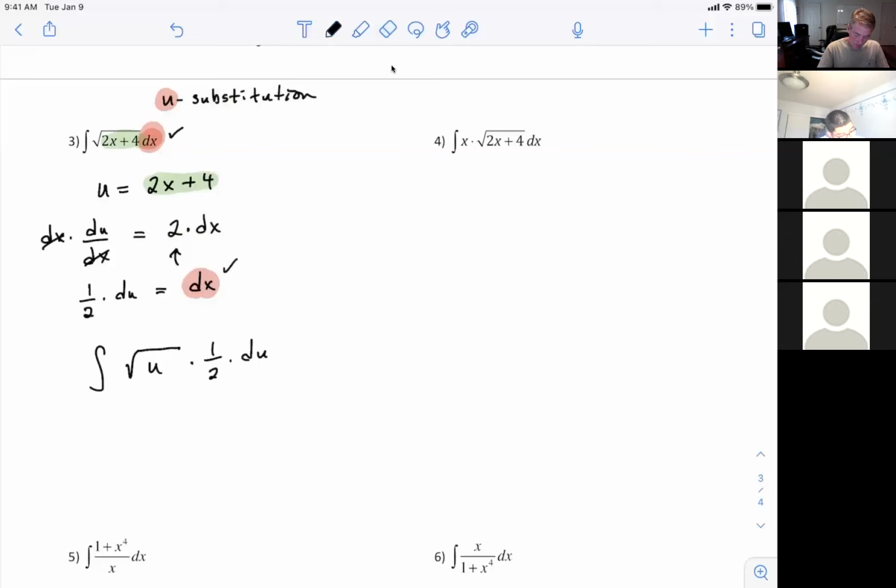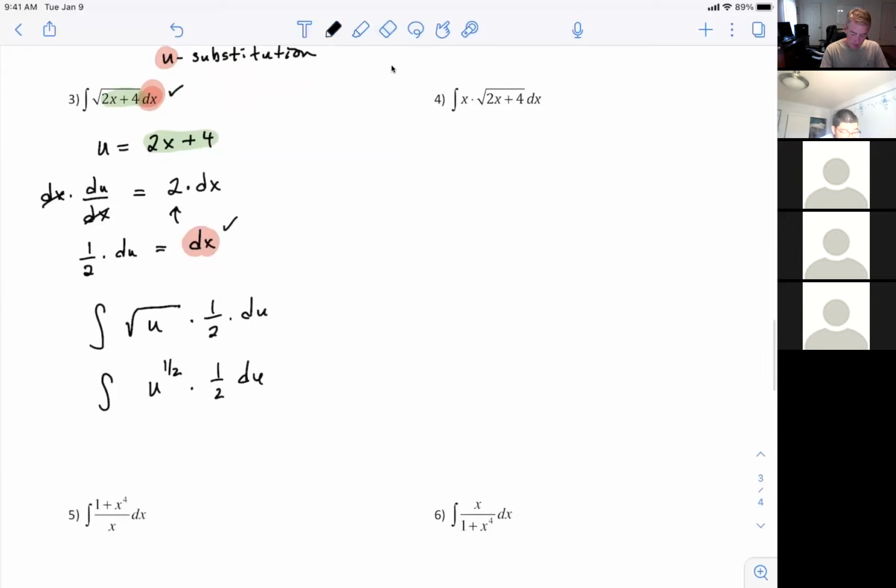Okay, the rest of the problem is like the last one. You replace the square root with the 1/2 power. And then you do the opposite of the power rule. So instead of subtracting 1, you add 1 to the exponent, and that's 3/2, and then divide by 3/2.